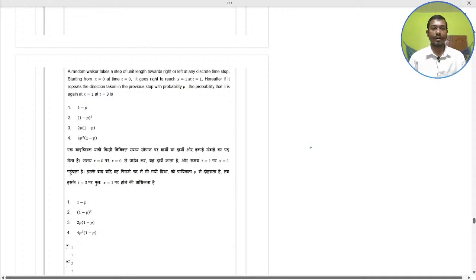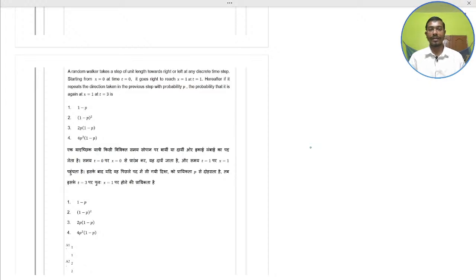A random walker takes a step of unit length towards right or left at any discrete time step, starting from x equal to 0 at time t equal to 0. It goes right, x equal to 1 at t equal to 1. Hereafter, it repeats the direction of the previous step with probability p. What would be the probability at x equal to 1 at t equal to 3?